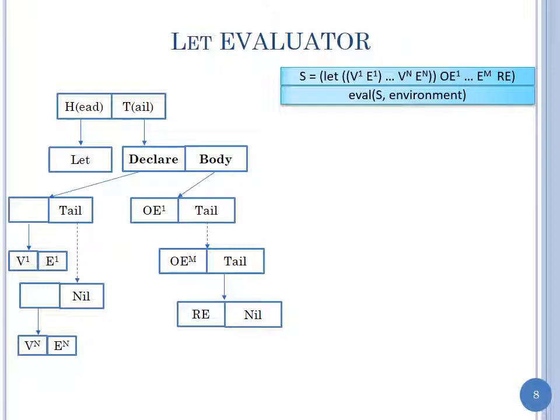Not in this particular order, but just go and tell me what all steps we have to do here. Evaluate the expressions. Okay, that's something we have to do. Store it. Before we store it, what do we have to do? New child environment. Okay, so I think we've got all the steps.